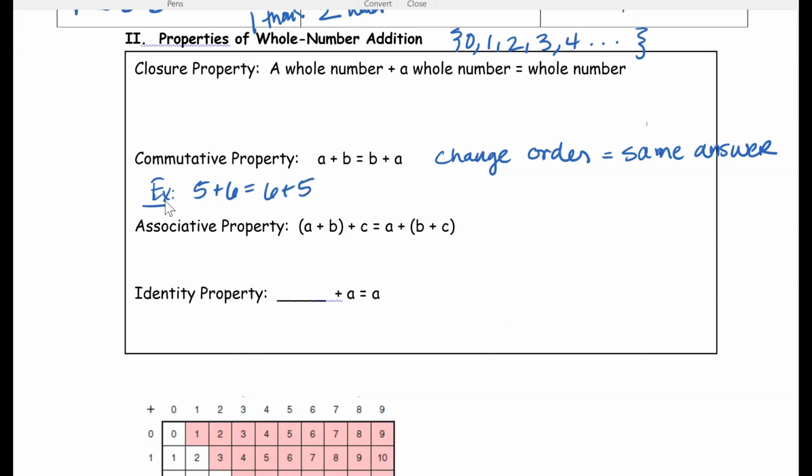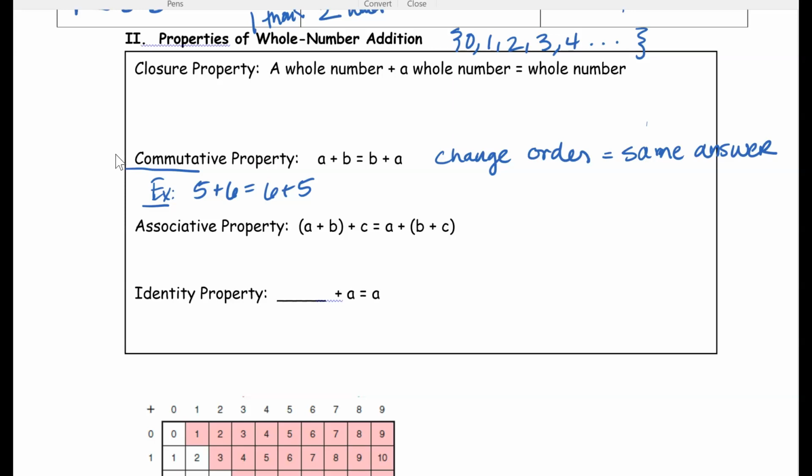Now, to remember this property, when I was younger, I remember thinking about what it meant to commute someplace, like my commute to work. I get my car, I go to work, after work, I get my car and I come back. It's the same path, it's just a different order, and for some reason that helped me remember what the commutative property meant. So we're just switching the order.